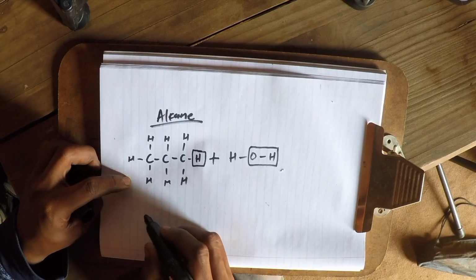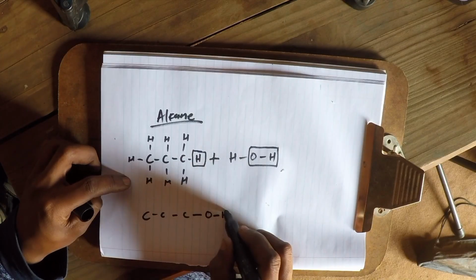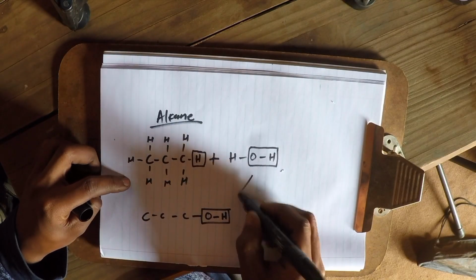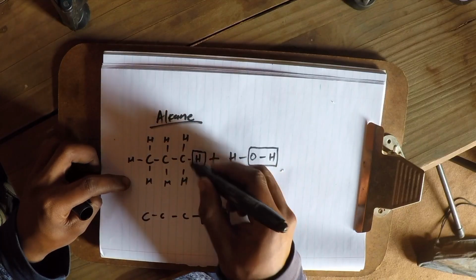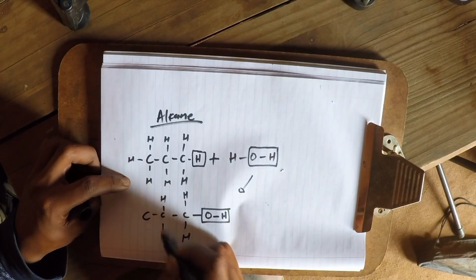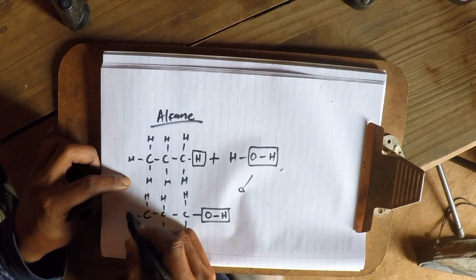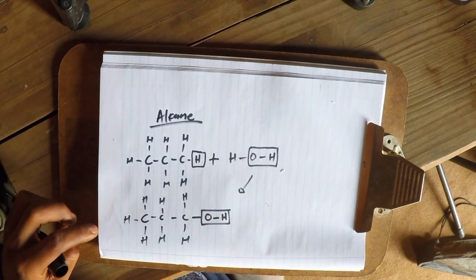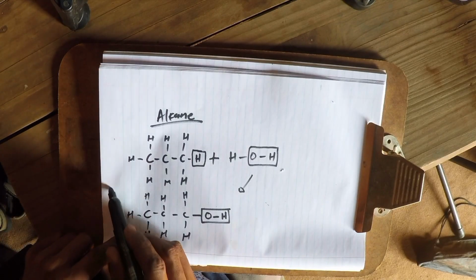And therefore, we would have an alcohol. This came from there. It substituted this one. And then you have hydrogens there. See that? Now you have an alcohol.